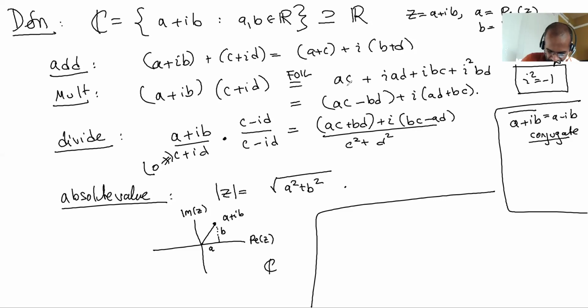Yeah, somebody's making a great point. Isn't it kind of like adding vectors? So you're right, this is kind of like R2, right? What's the difference between this and R2?